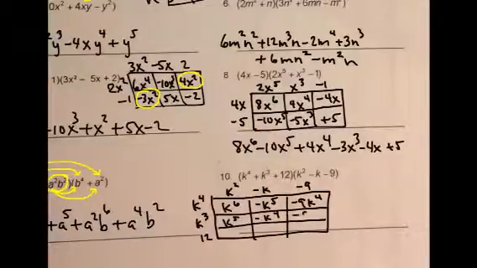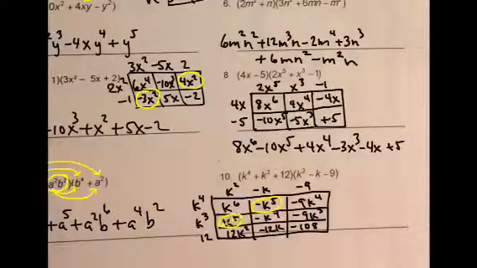Then negative 9k cubed. Then 12k squared minus 12k minus 108.